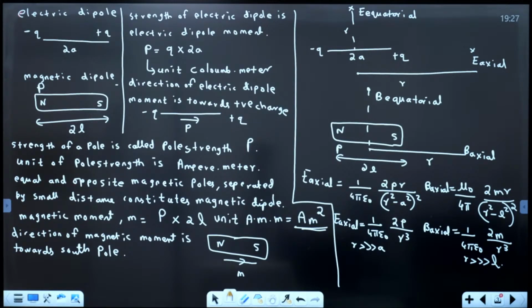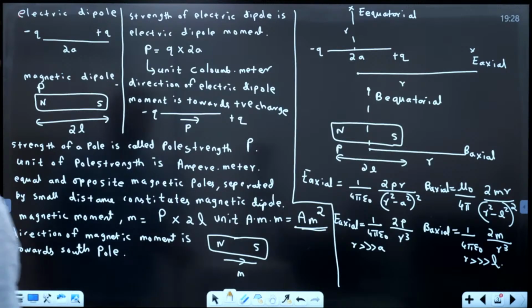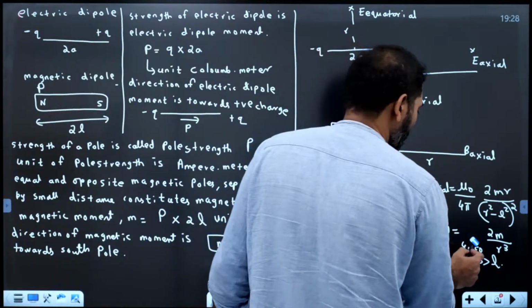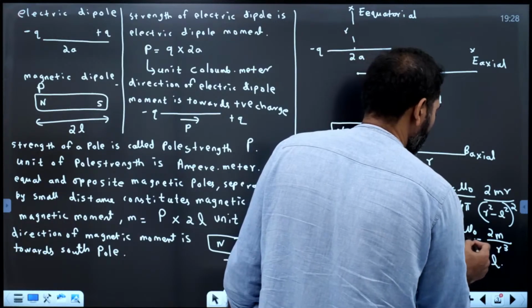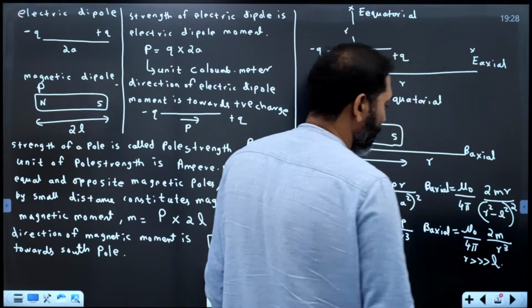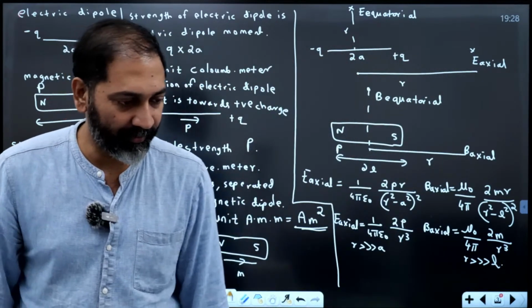B axial is mu 0 by 4 pi. Oh, sorry. I made a blunder here. Thank you for pointing it out. I think all of you know that it is mu 0 by 4 pi.